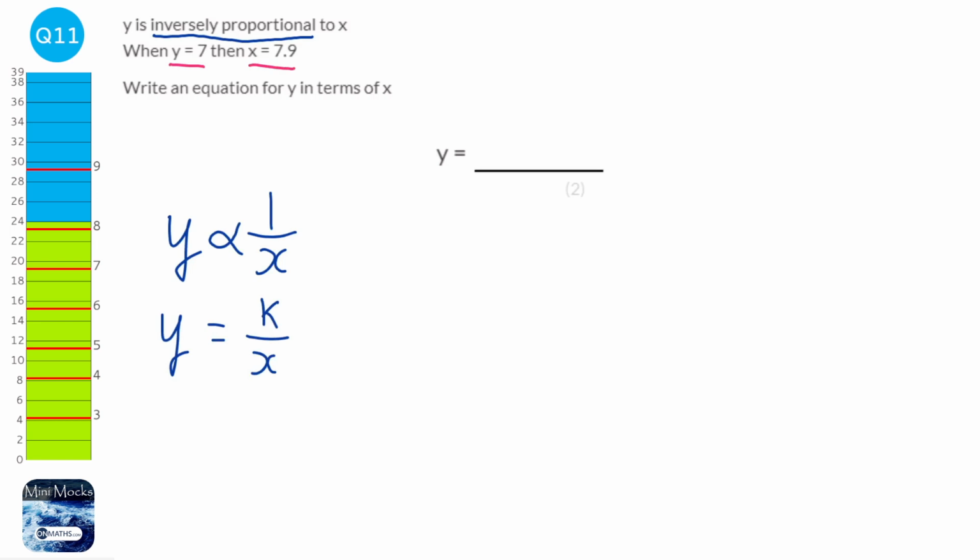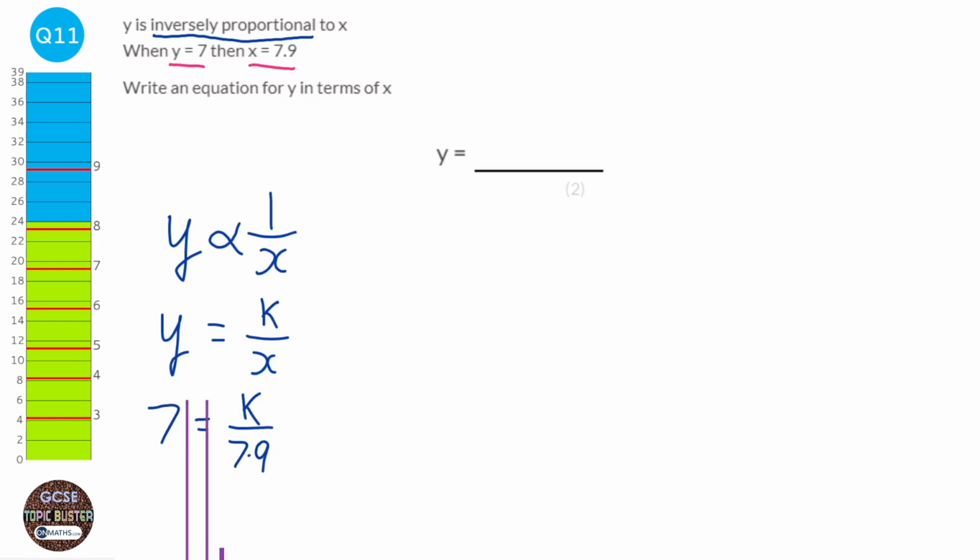So we know that when y is 7, then x is going to be 7.9. And what I need to do now is just draw my lines down. And what I'm going to do is I'm going to just times both sides by 7.9. And so we have k equals 7 times 7.9, which is 55.3.